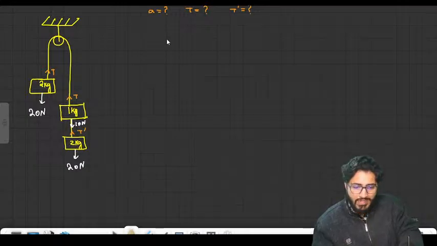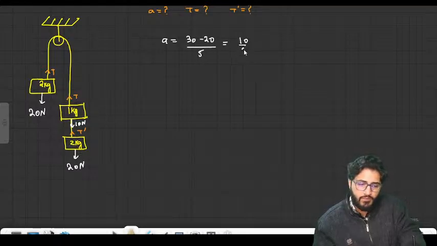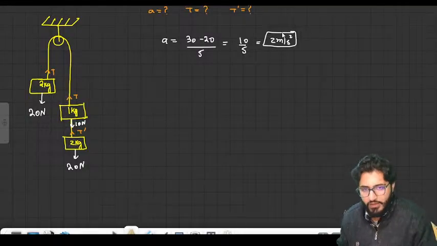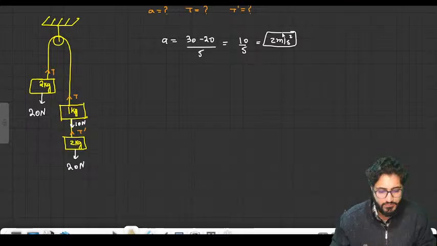Clear? So acceleration is 30 Newton minus 20 Newton divided by 5. It equals 10 by 5, which is 2 meters per second square. So acceleration came out to be 2 meter per second square. Done? Easy?